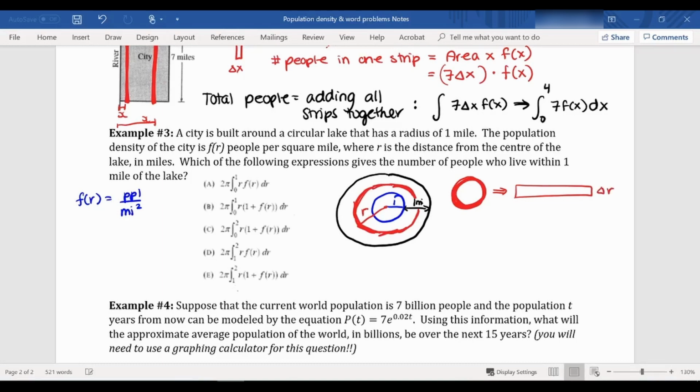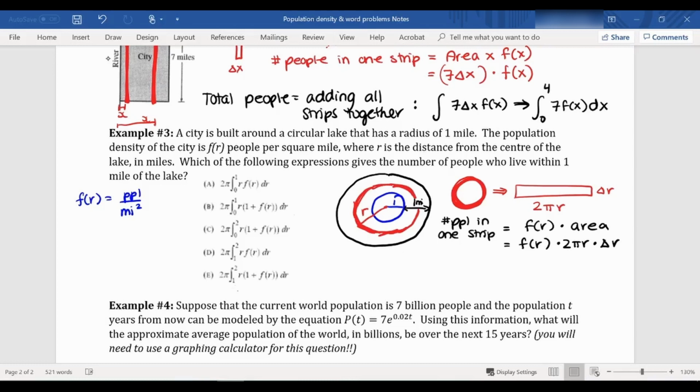And if I expand this circle out to be a rectangle, then this length is my circumference, which is 2 pi r. So the number of people in one strip is going to be my density of the strip, f of r, times the area of my strip, or f of r times 2 pi r times delta r.